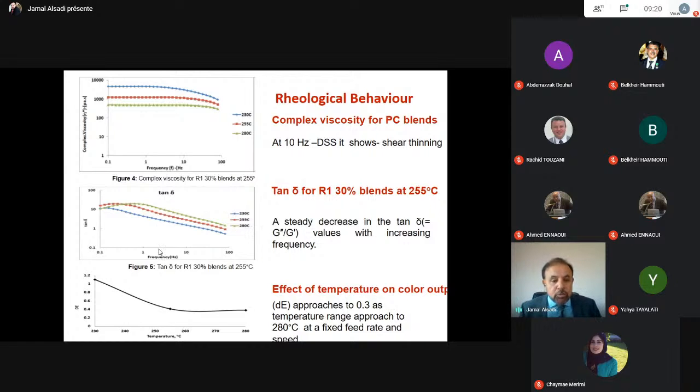Also, we ran this to see tan delta, which shows a steady decrease in tan delta values with increasing frequency. This is the general trend, which I ran to correlate the viscosity result with the processing effect of temperature as a processing parameter.